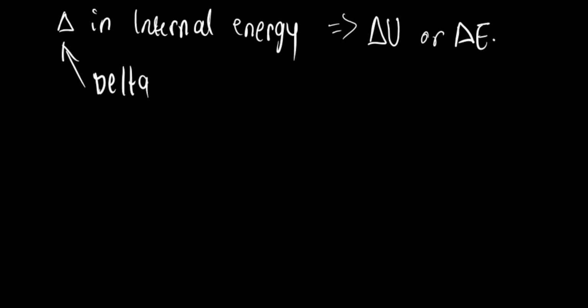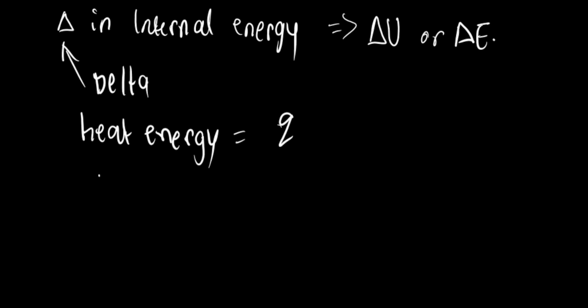Now we would also be taking a look at heat energy, which would mostly be represented as Q, and lastly we would be taking a look at work. This would mostly be represented as W.